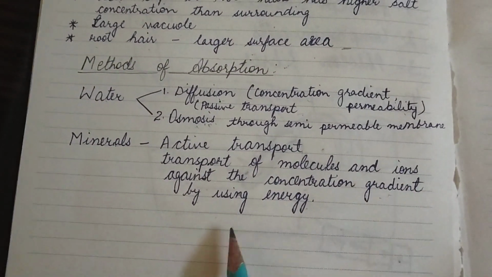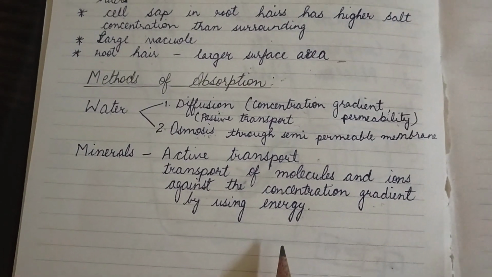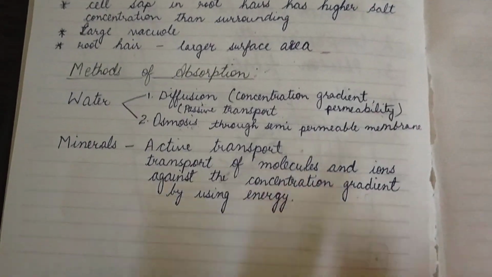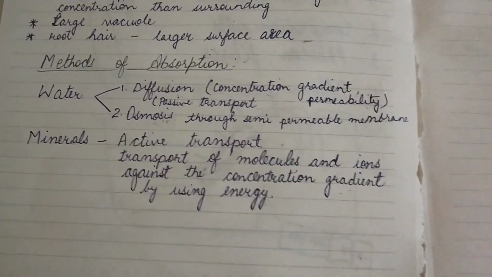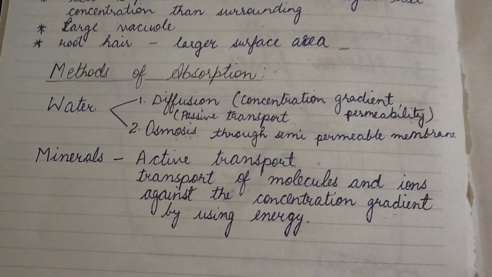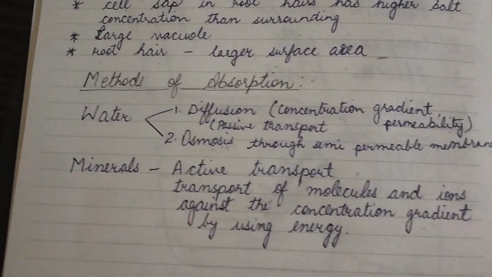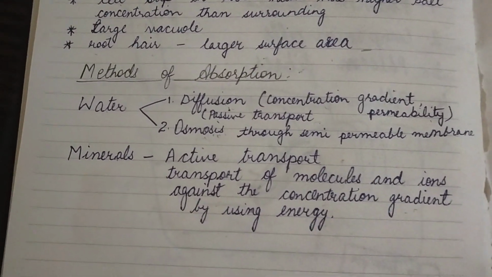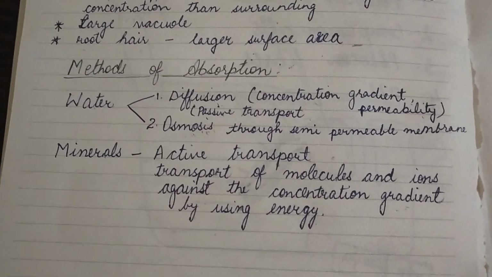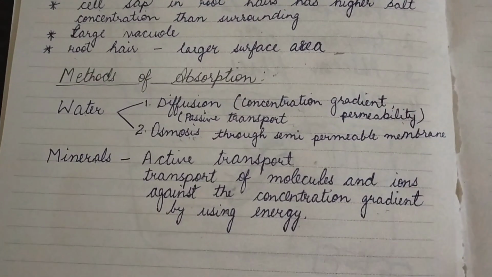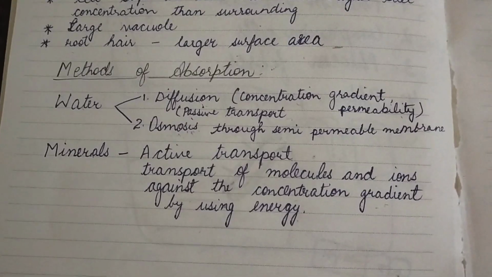It has to move, so it has to use some kind of energy, right? So active transport requires energy, whereas diffusion or osmosis doesn't require any extra energy, because they are going as per the concentration gradient.